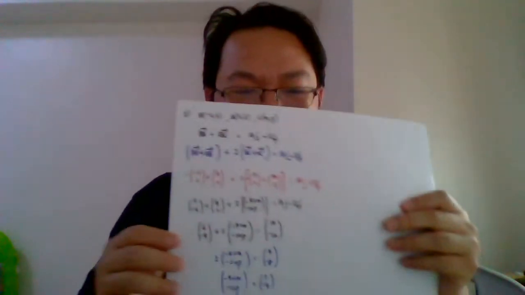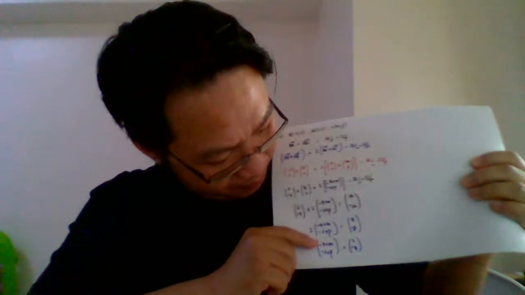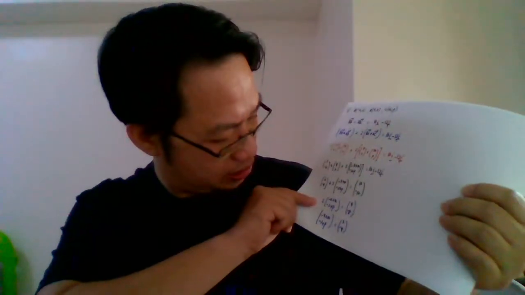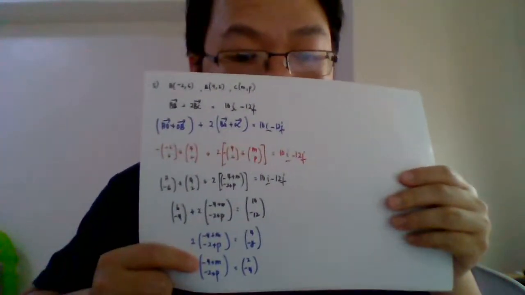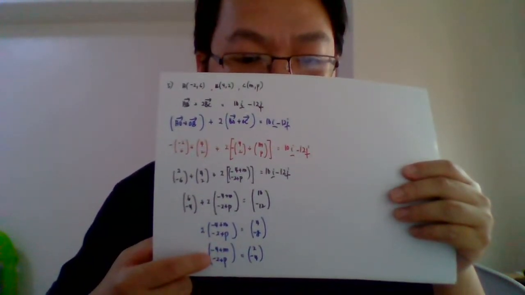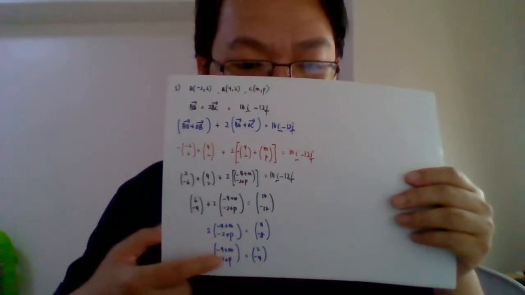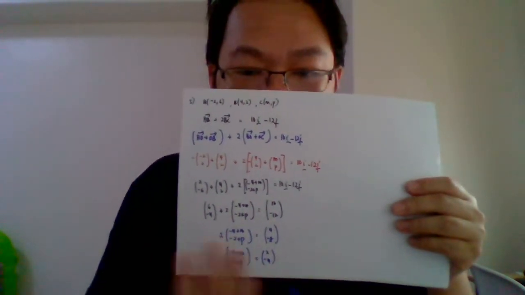Done. Okay, this is the simplest. So negative 4 plus M and negative 2 plus P equals to 2 and negative 4 here. So just compare left and right.